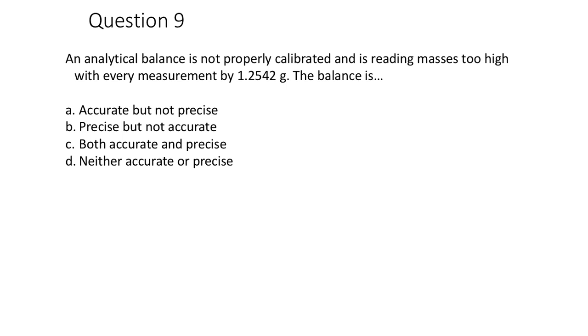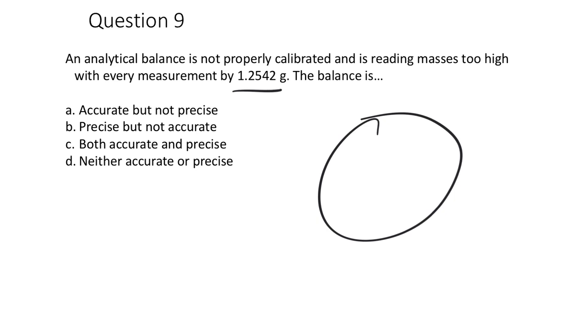And so would we say that the balance is accurate, precise, one of them, neither? Accuracy is how close we are to the target, and every time we're missing the target. It's like playing darts: we're aiming at the bullseye, but we're hitting off to the side every time. But every time we keep missing in the same spot, so that's clearly not accurate.